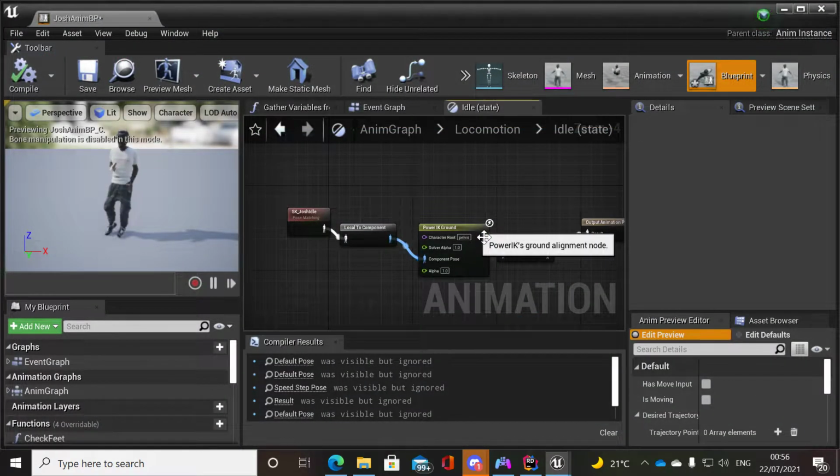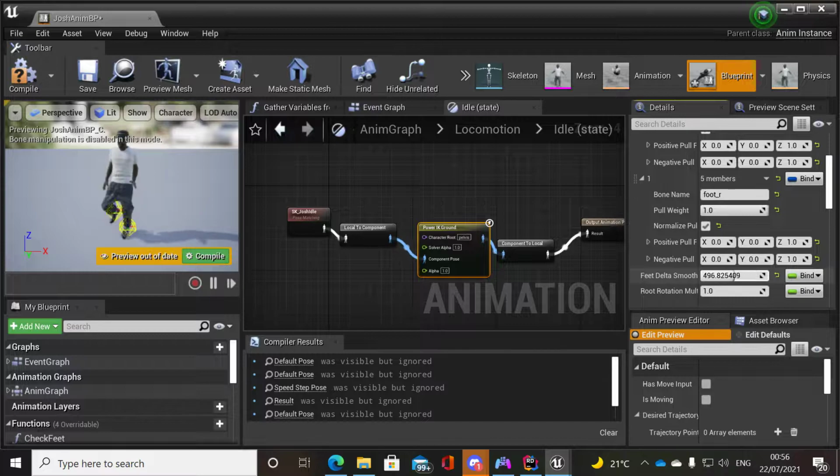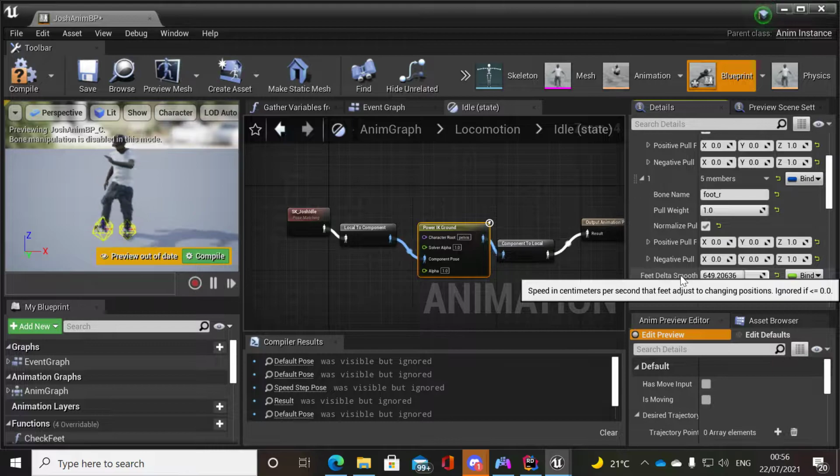Okay, so if we just make this massive, just make it huge. Feet delta.